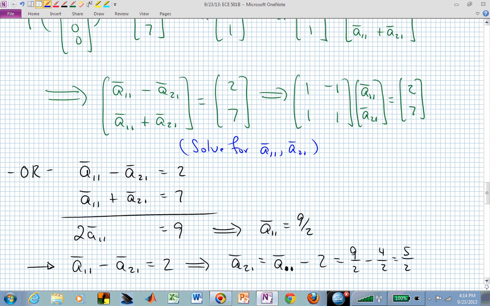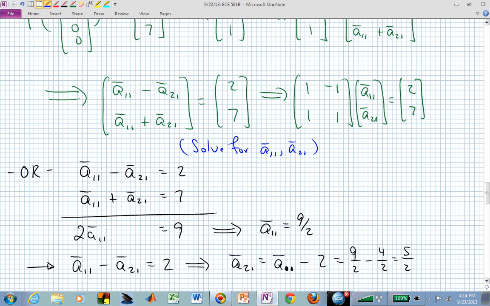Or A11 bar is 9 halves. That says that we need 9 halves of that first vector, which was the 1, 1 basis vector. So we take that 1, 1 and scale it by 9 halves, or 4.5. Then we add to that a particular scaling of the second vector, which is 5 halves.